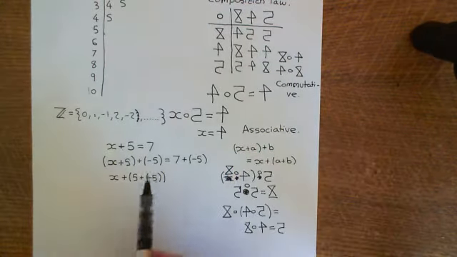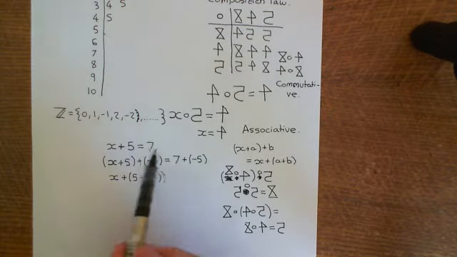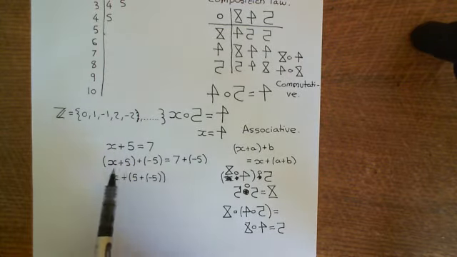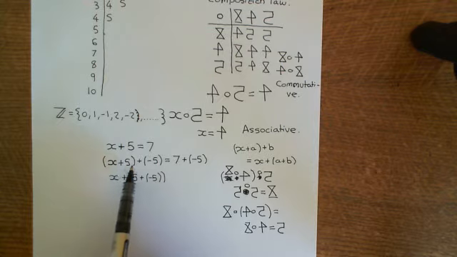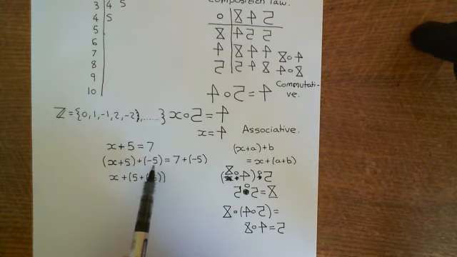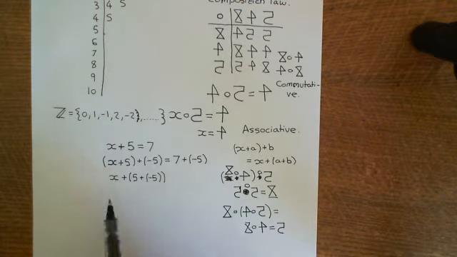So the associative property is true in the integers, and we all know it's true, that if you add on 5 and then subtract off 5, it's the same as adding 5 to negative 5 and adding that onto the x here. We know it's true within the integers.